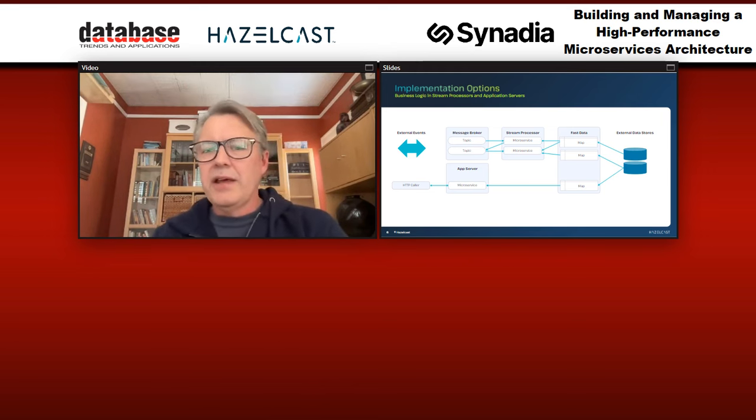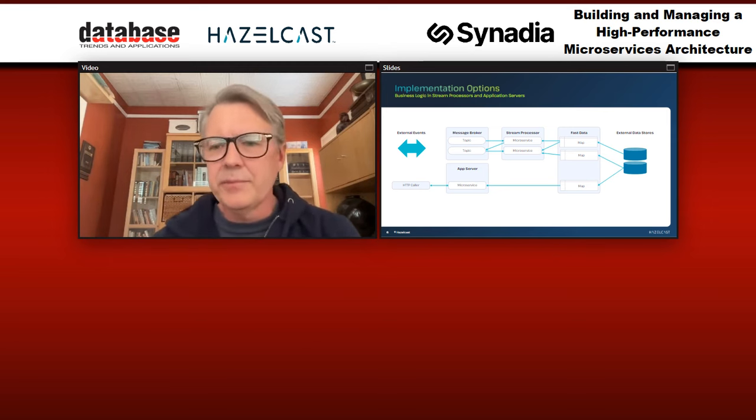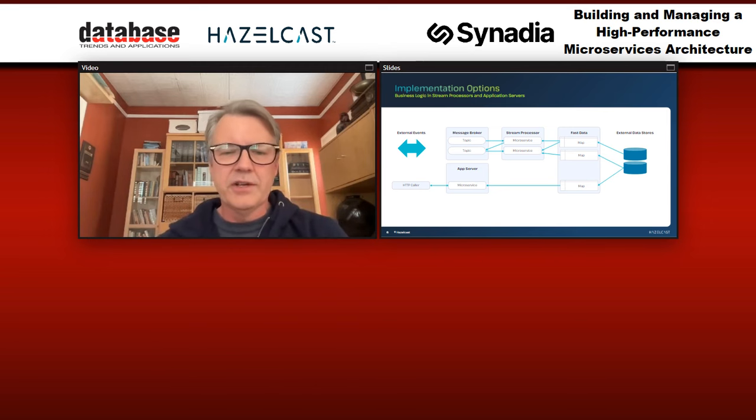And again, this is a big topic, and hopefully we'll get into it in the Q&A. But stream processors can do some things that are much harder to do with just a traditional app server based microservice. Some of those things are anything that requires state over time.